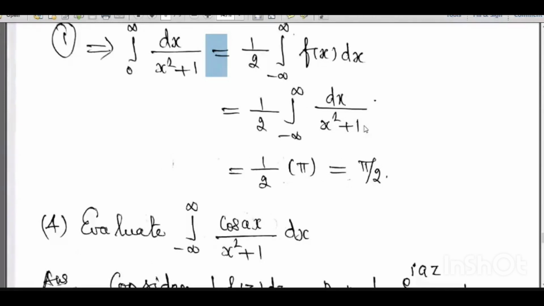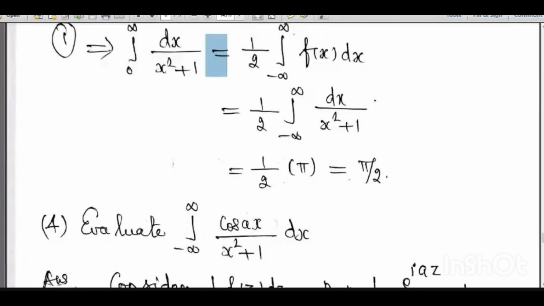Here you have to listen to these two things, which are very important. One is the contour integration. There are two methods. One is the integral from 0 to 2 pi of f of theta d theta, on the unit circle, modulus z equal to 1. This is one of the methods.